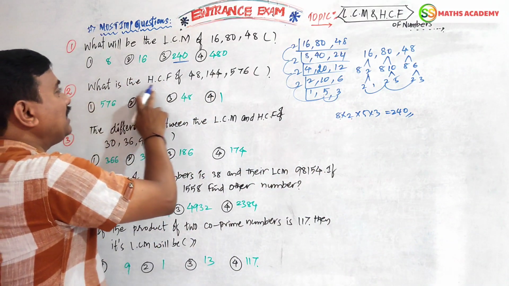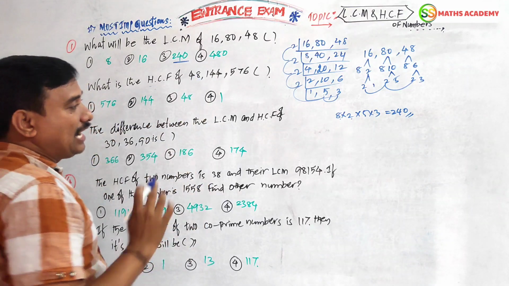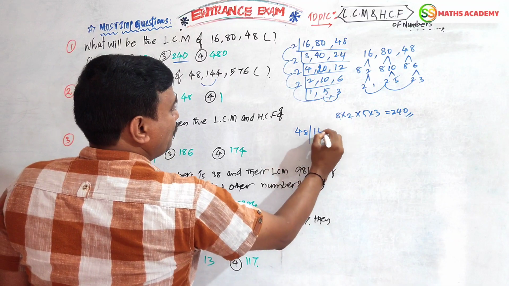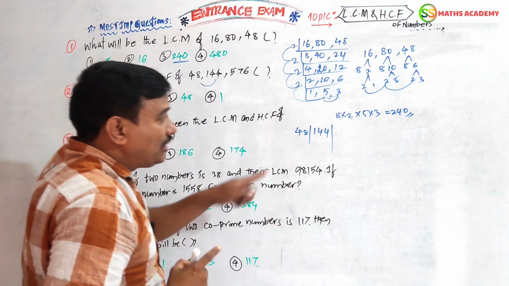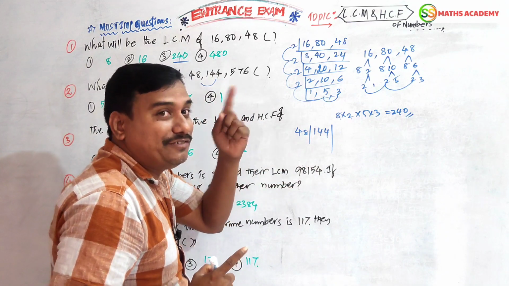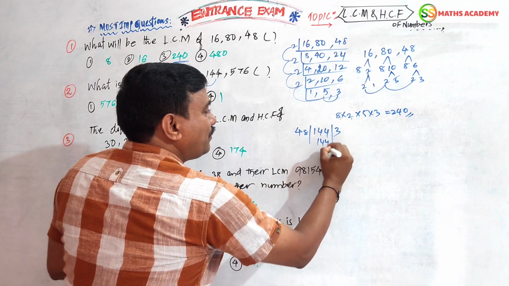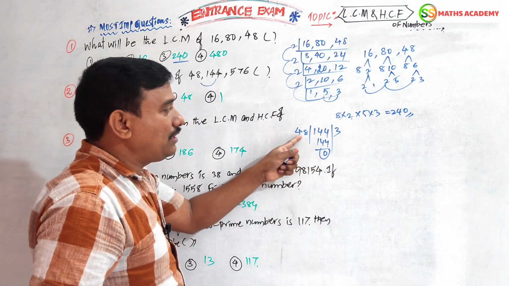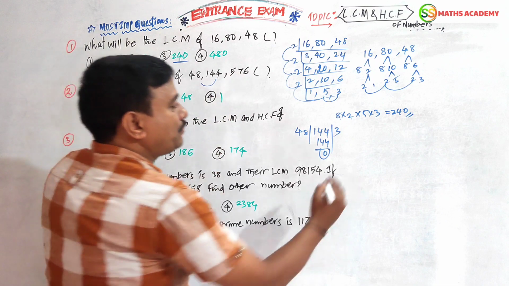Next, what is the HCF of these three numbers? I told you, for HCF you can choose any two numbers first. 48, 144. The unit digit is 8 here and 4 here. 48 threes, maybe it will come. 48 threes are 144, yes, 144 is coming. The remainder is 0. When you get remainder 0, this number will divide that number also.